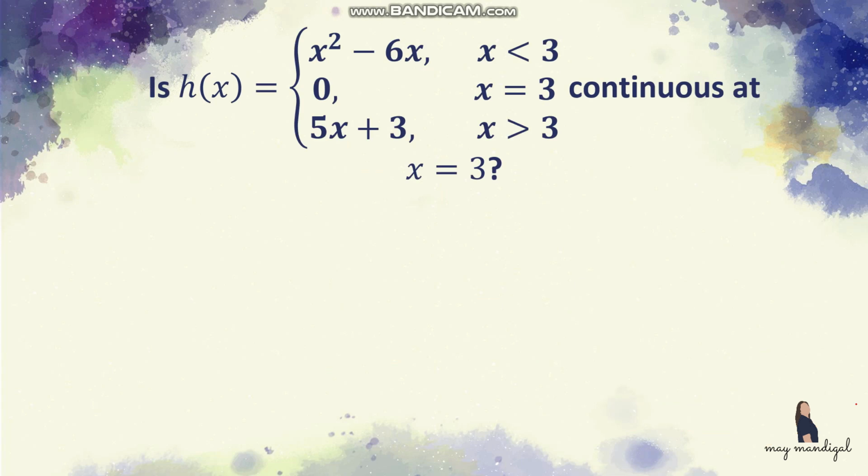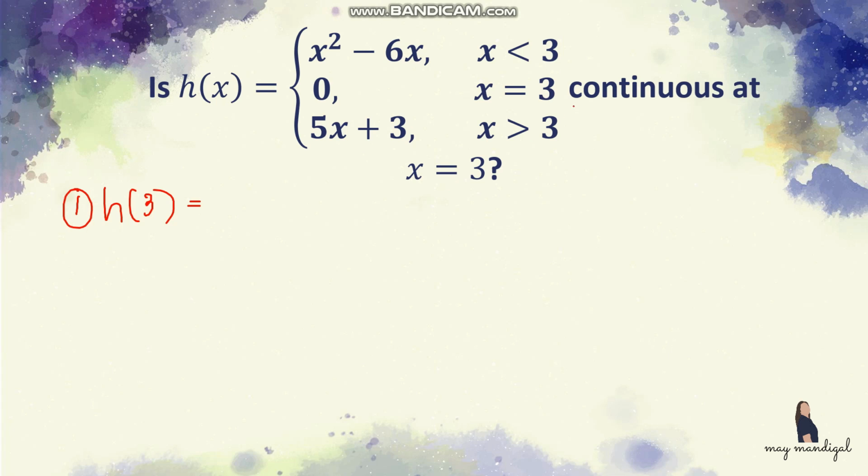And then for our last example, let's say we have this one. h of x is a piecewise function, and we will check if it's continuous at x equals 3. First, we will solve for h of 3. This means we have to substitute 3 into our function. But since this is a piecewise function, we have to choose which among our sub-functions we should use.